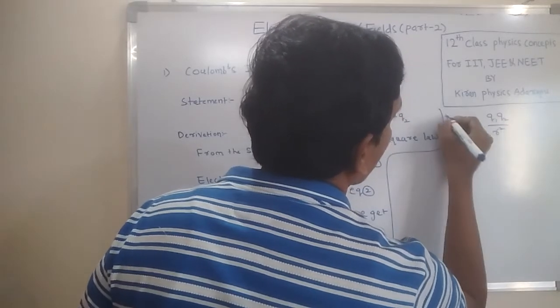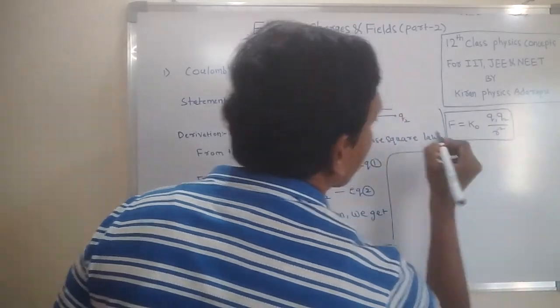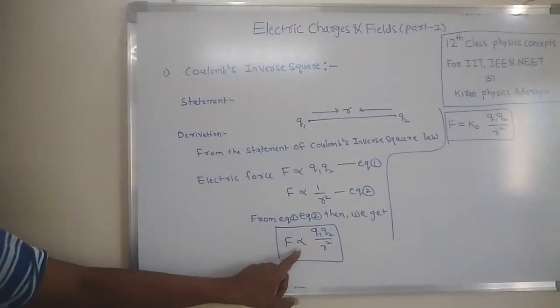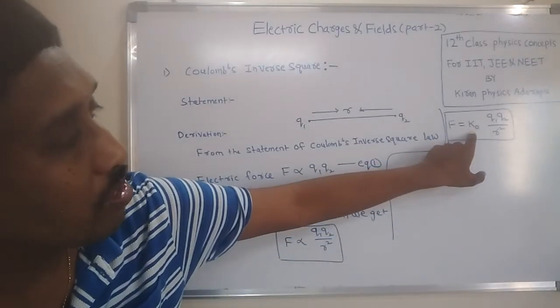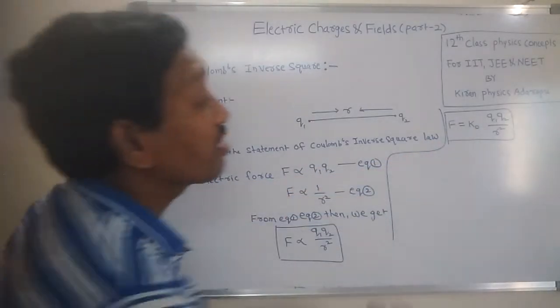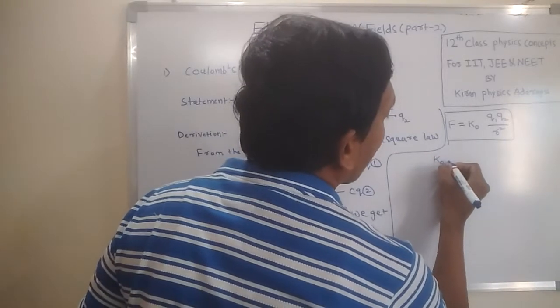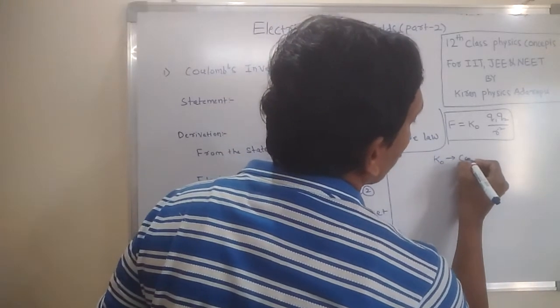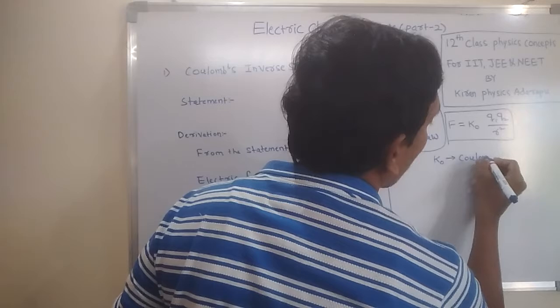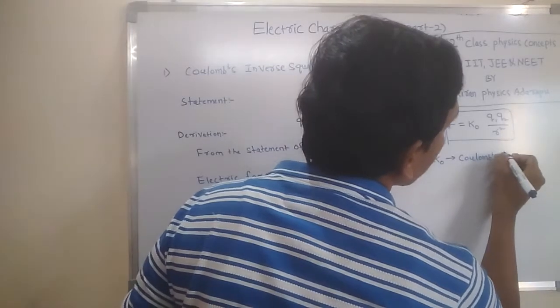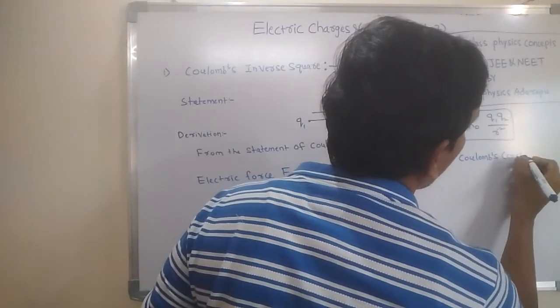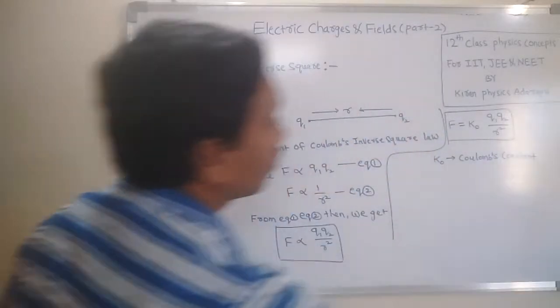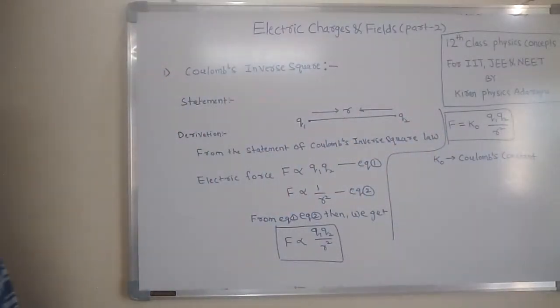This expression indicates the electric force equation. So when you remove this proportional sign, we introduce one proportionality constant, that is K naught. This K naught is called Coulomb's constant. This proportionality constant is called Coulomb's constant. Okay, now this is about the electric force equation.